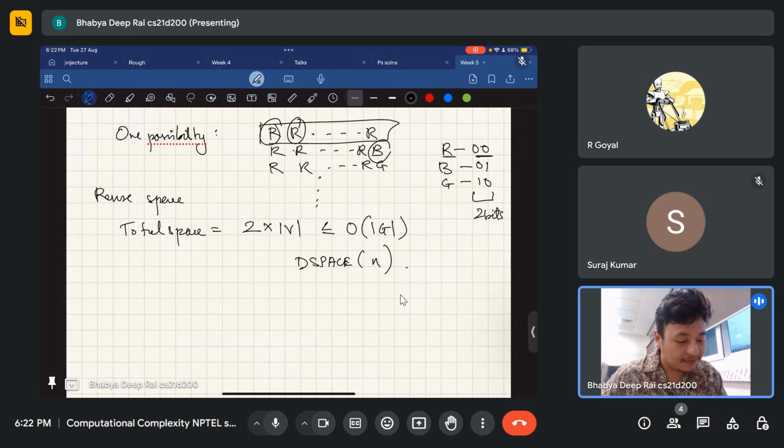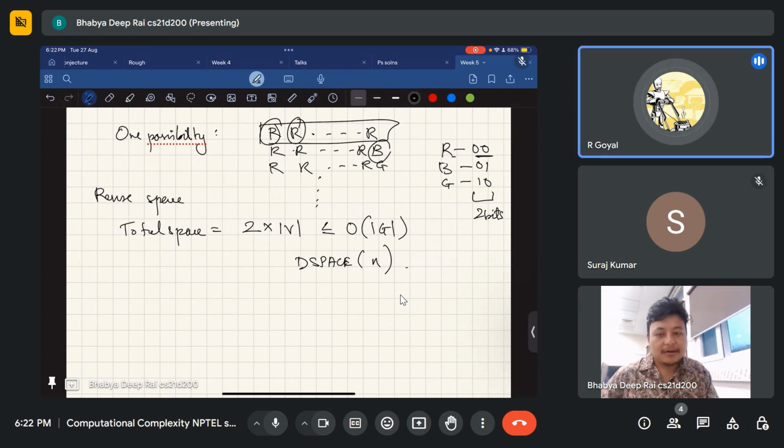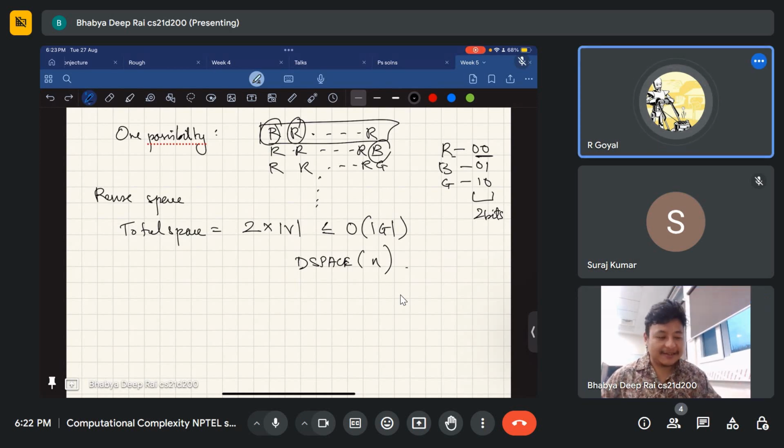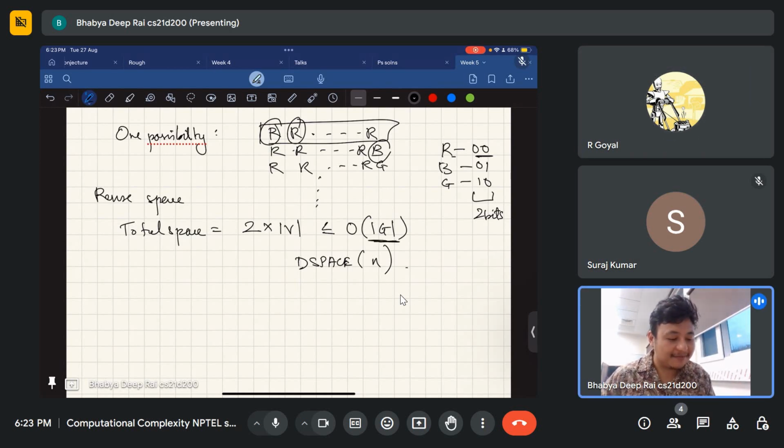To represent blue, I can write 0 1, and green I can write 1 0 on the work tape. So there are size of V many cells. With 2 bits I can represent one color. So for each color, 2 bits times size of V, which is 2 size of V, which is less than the input size, right? The input size is some V square.